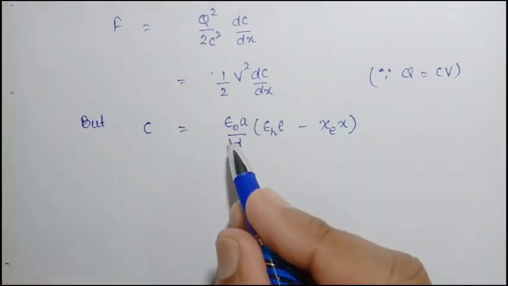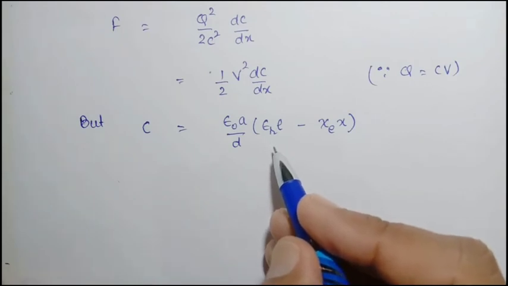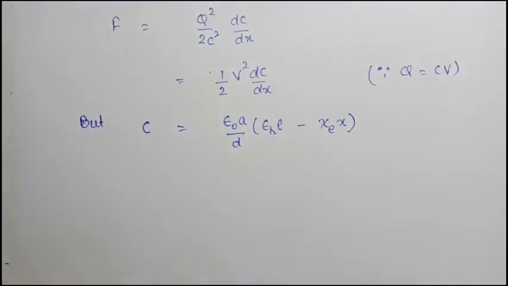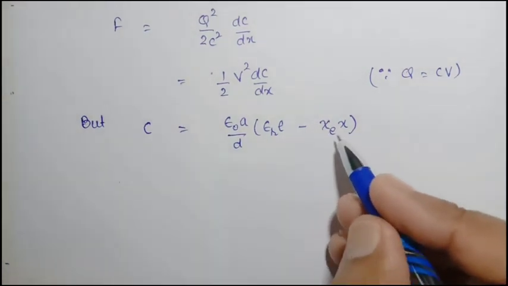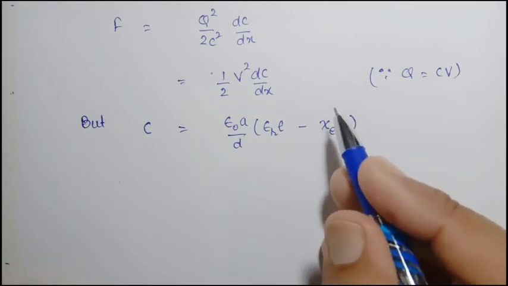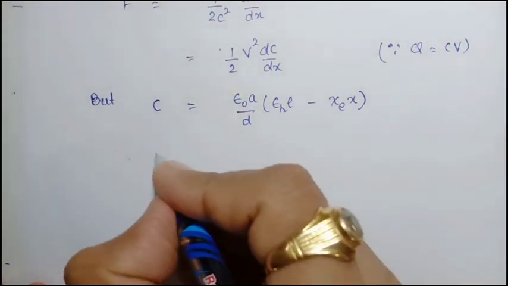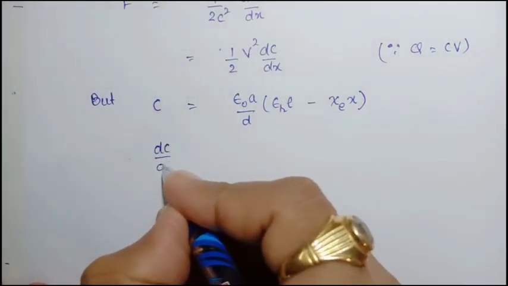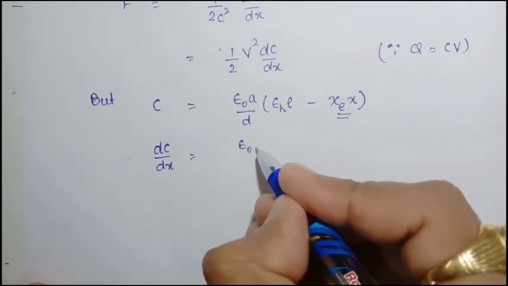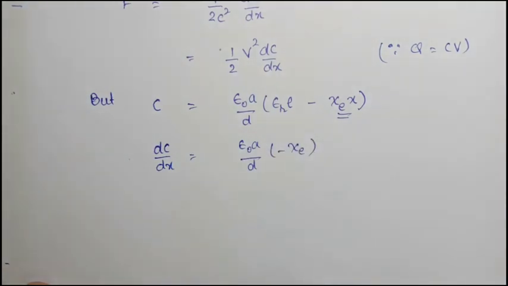So here epsilon naught is the permittivity of free space, epsilon R is the relative permittivity or dielectric constant, L is the length of the capacitors, chi E is the electric susceptibility, and x is the distance, which we discussed already. So when we differentiate with respect to x, the variable quantity is this only, so we can write epsilon naught A over D, and here we have minus chi E.